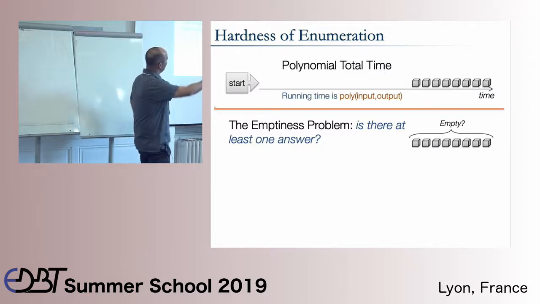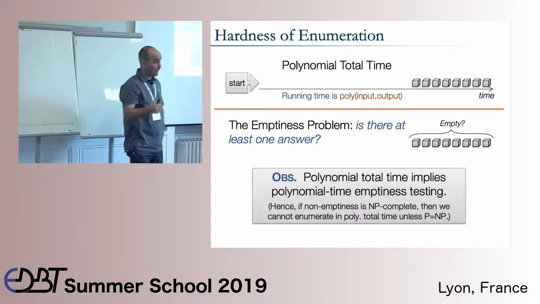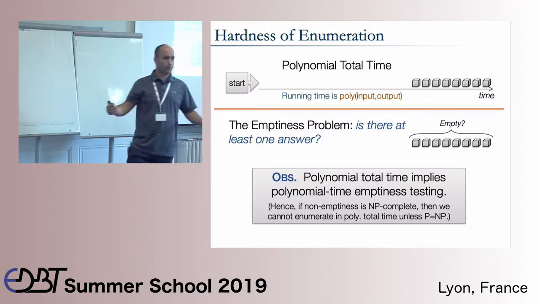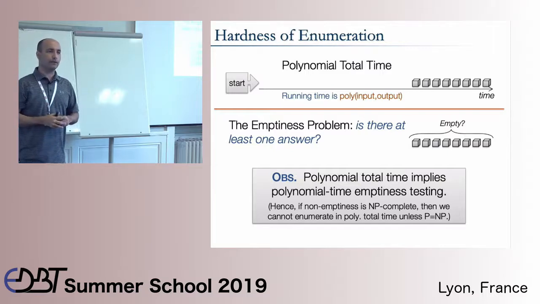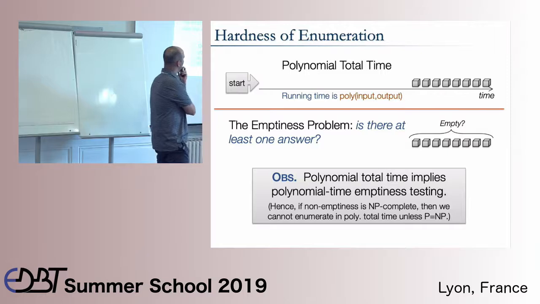So if I'm able to show that this emptiness problem is a hard problem, like NP-complete, then it shows also that there is no algorithm that terminates in polynomial total time.